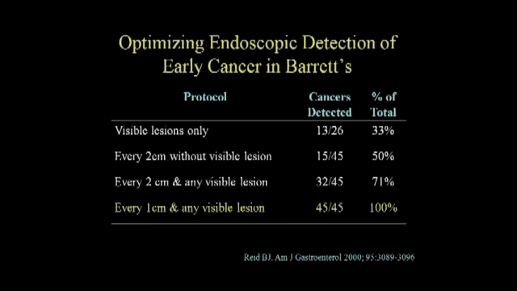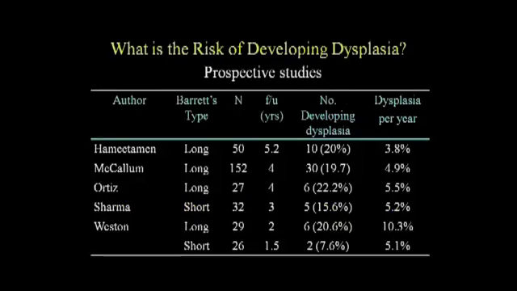There's been a lot of work gone on for decades with various focal methods of vital staining and other things. But if you just biopsy in that fashion, you'll probably pick up most of what you need to see. What's the probability of then finding an issue? It's about 5% per year, a good number to have in your brain.